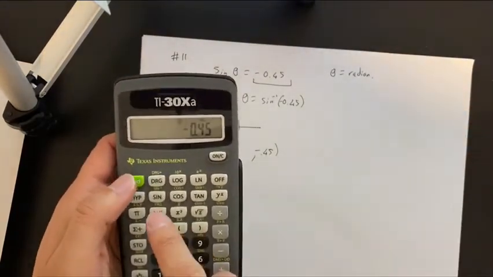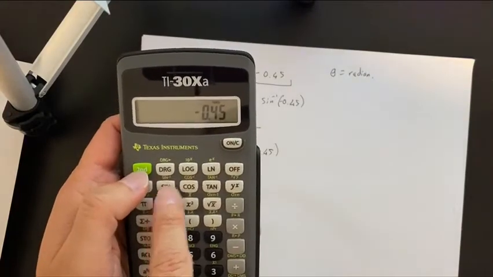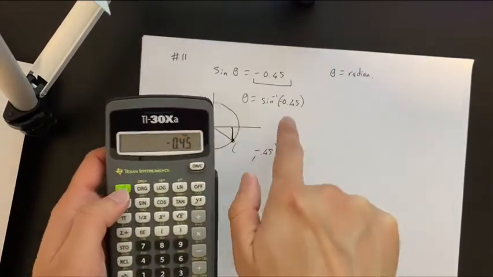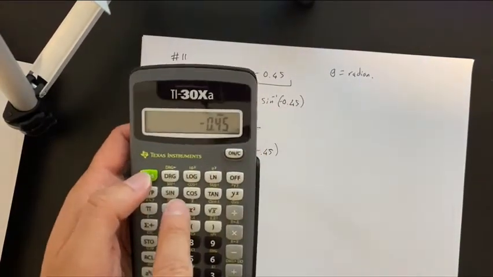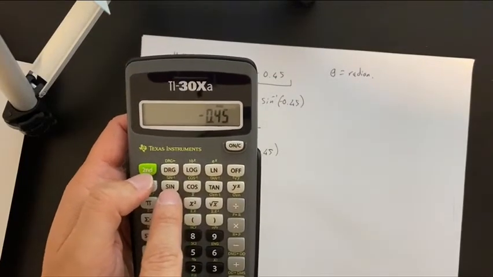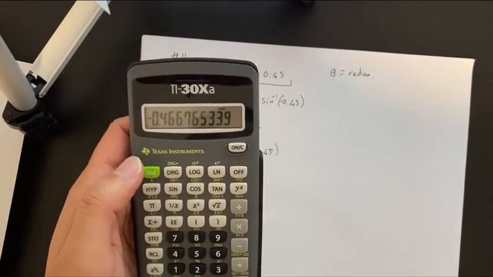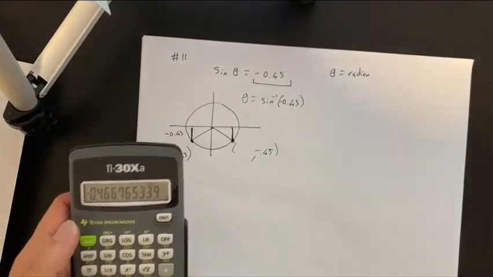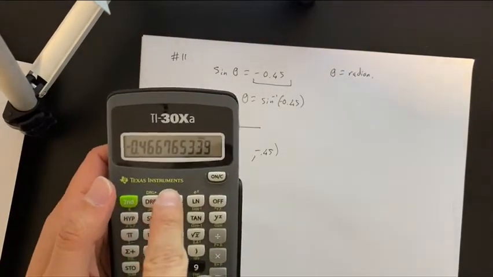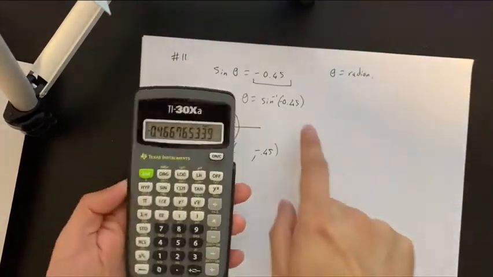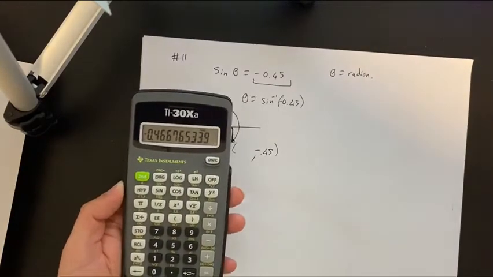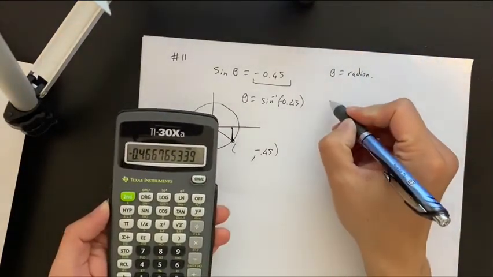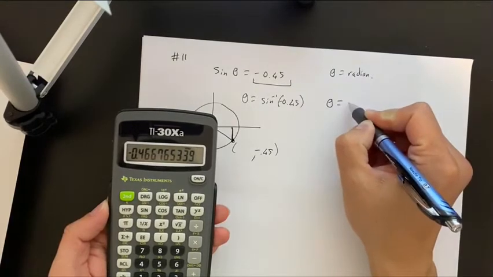So it really depends, okay? So I enter in the value for the sine inverse, and then I apply the function, second sine, and there it is. That's in radian. Okay, so my very first answer is this.